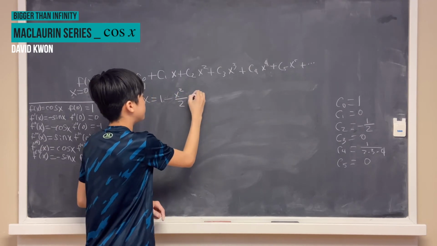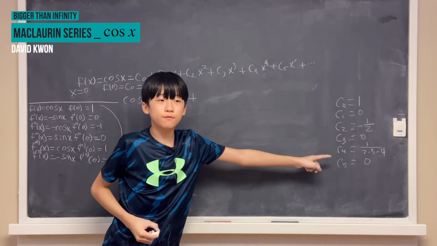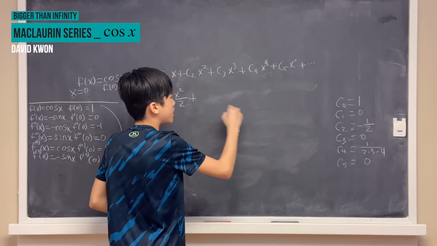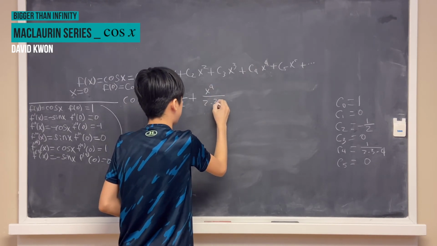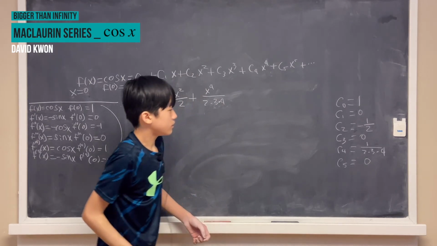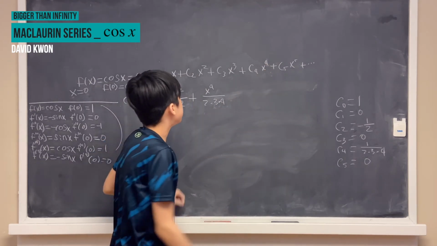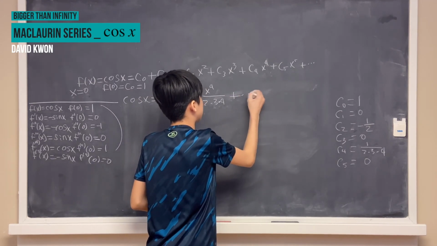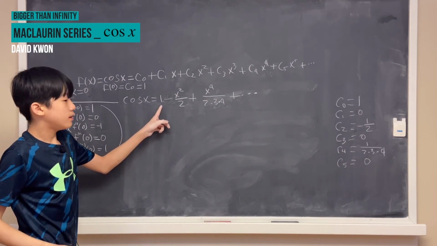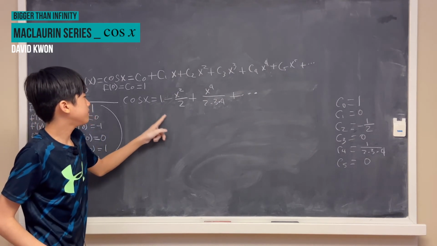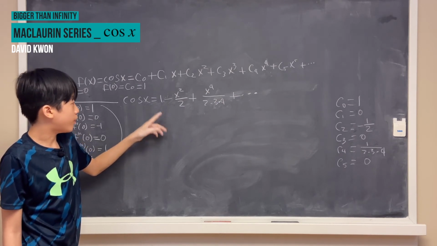And plus c sub 3 is 0, so nothing goes there, and c sub 4 times x to the power 4 is x to the power 4 over 2 times 3 times 4. And finally, c sub 5 is equal to 0 times x to the power 5, which is just 0, plus dot dot dot.